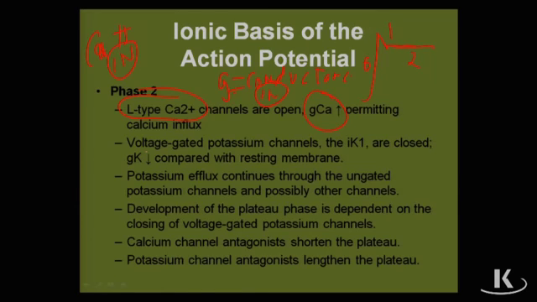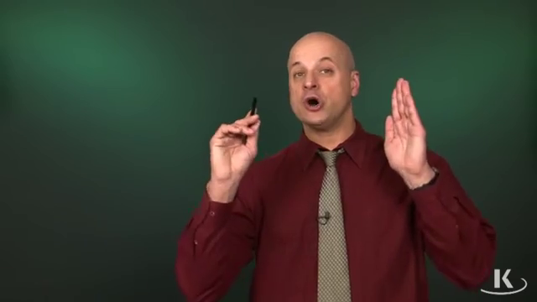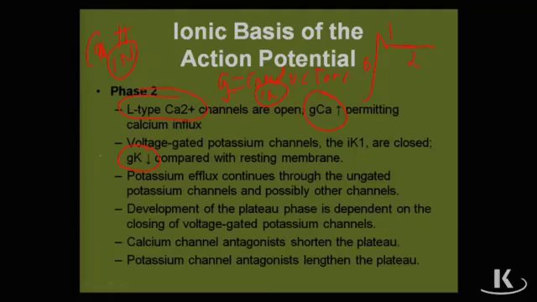Now, the flow or conductance of potassium decreases a bit. Is the conductance of potassium normally out or in? Conductance of potassium is normally out of the cell. Now, in phase 2, calcium goes in. Calcium is positive. It maintains the interior positive.